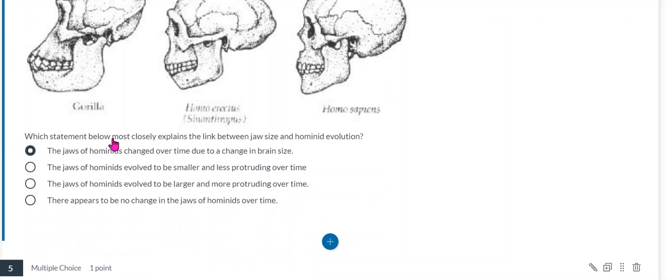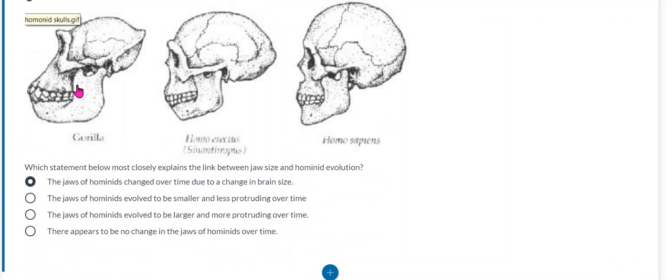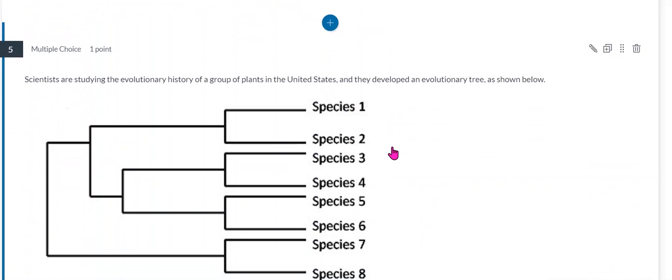Which statement below best explains the link between jaw size and hominid evolution? The best explanation out of these options is that the jaw of hominids changed over time due to change in brain size. Since we moved to Homo sapiens, who have a highly developed brain, the brain development changed the jawbone, according to evolutionists.